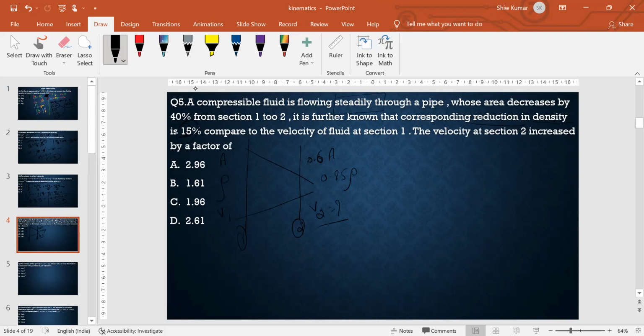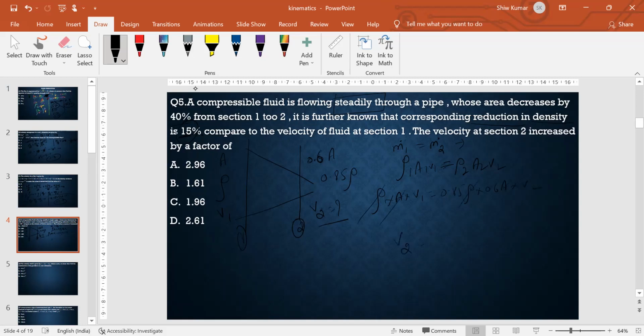So here we will apply, for steady flow, the mass flow rate: rho1 A1 V1 must be equal to rho2 A2 V2. So rho1 is rho, A1 is A, V1 is V1, and rho2 is 0.85 rho, A2 is 0.6 A, and V2. Here rho A get cancelled.